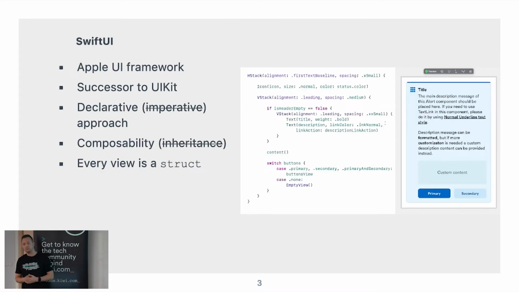And a small recap about SwiftUI. It's Apple's UI framework, a successor to the older UIKit, which used an imperative way to tell what you want to see, which is obviously not ideal, because this is very different from what you get from designers.